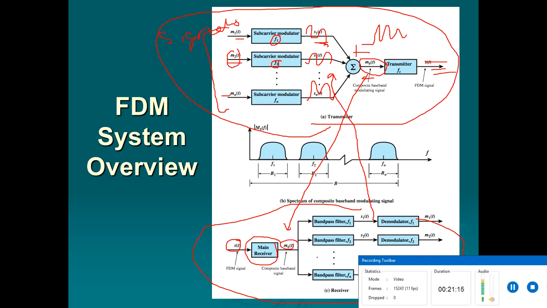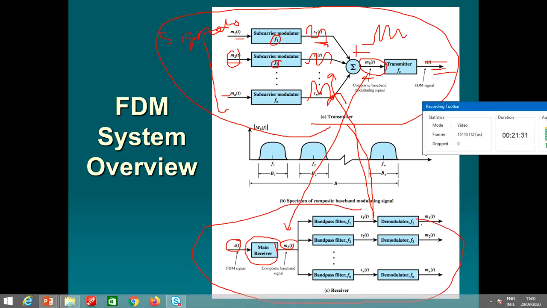Now this MBT signal is passed through the band pass filters having different frequencies so as to produce the signals with the carrier waves, S1T over here. And then these signals along with their carrier waves are passed through the demodulators, and after passing through the demodulators, it will produce the signals having the different frequencies which are delivered to the respective receivers.